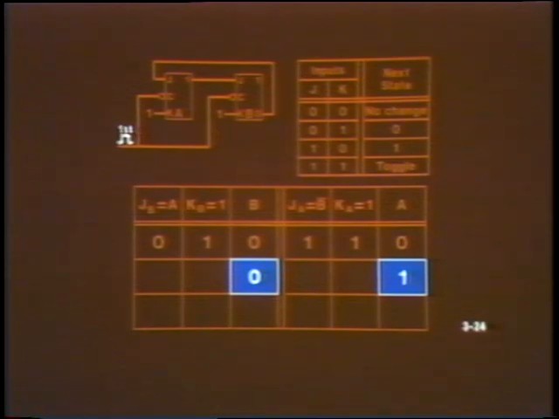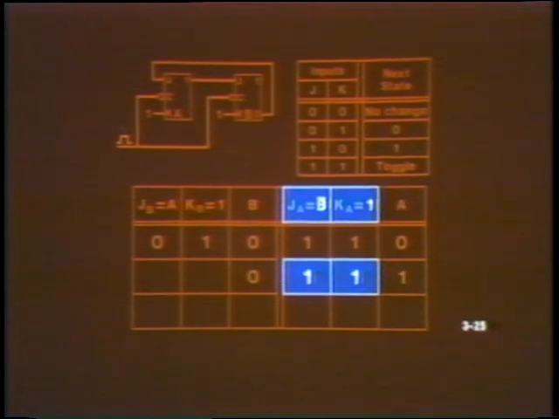To see what the circuit does next, we have to compute the inputs again. The inputs to flip-flop A are both 1. J sub A is the complement of B, which presently equals 1. And K sub A is tied to 1.